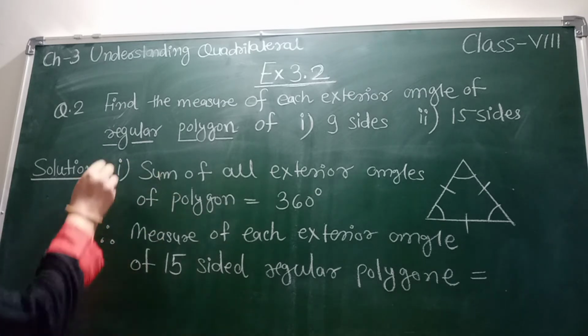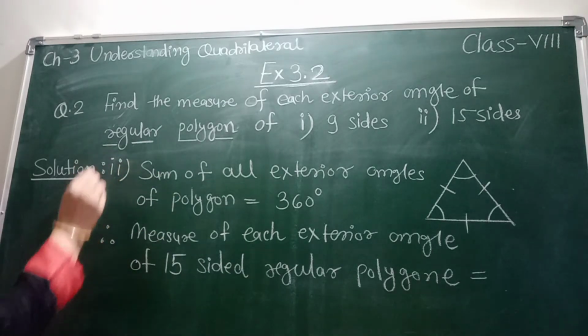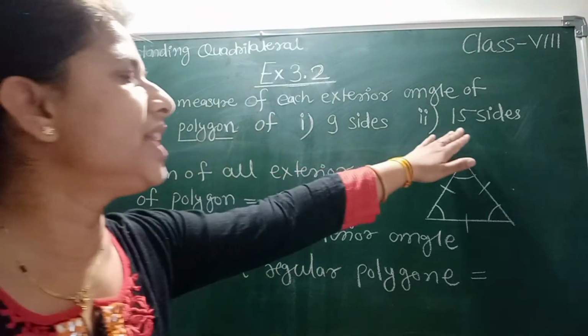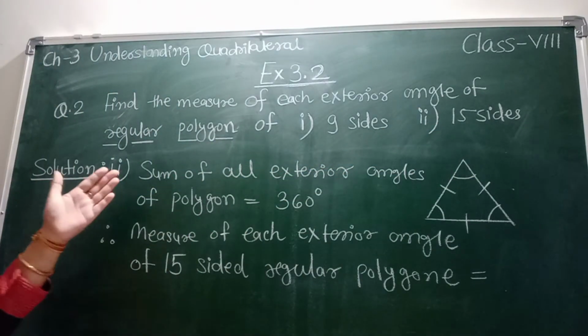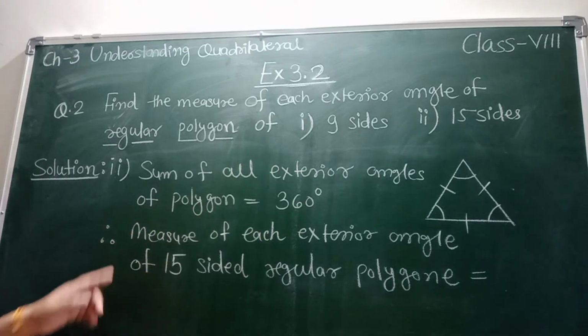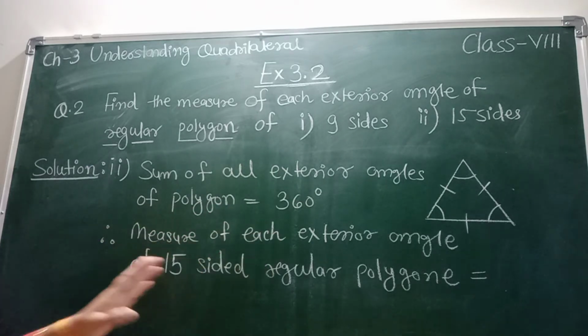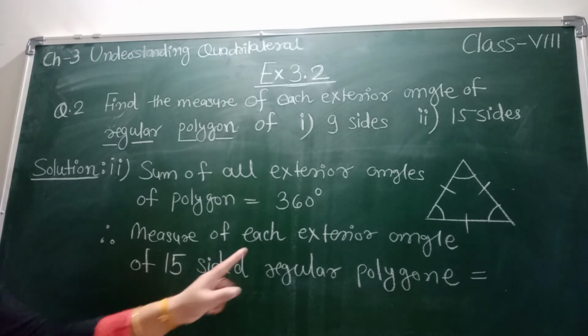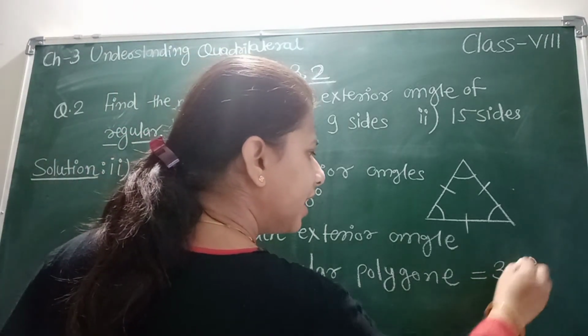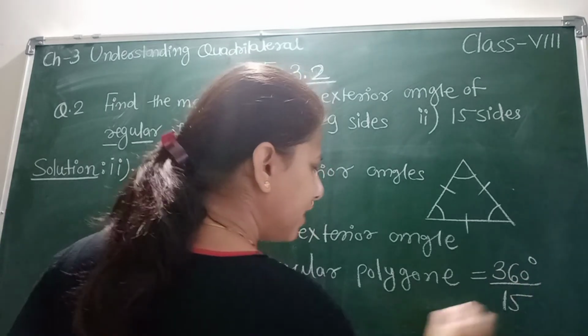Now we will solve this second one also. Now we have to find the measure of each exterior angle for a 15-sided regular polygon. We will use the same property: the sum of all exterior angles of a polygon equals 360 degrees. Therefore, the measure of each exterior angle of a 15-sided regular polygon will be 360 degrees upon 15.